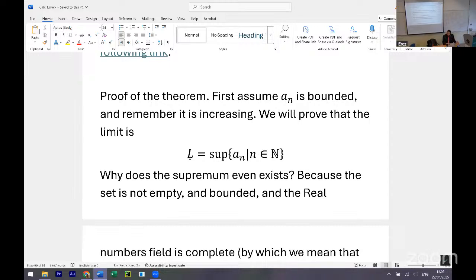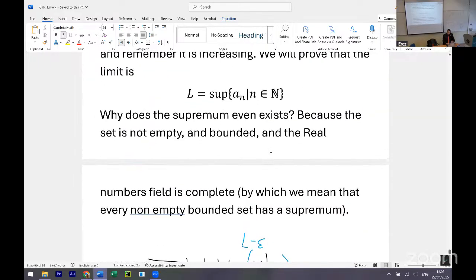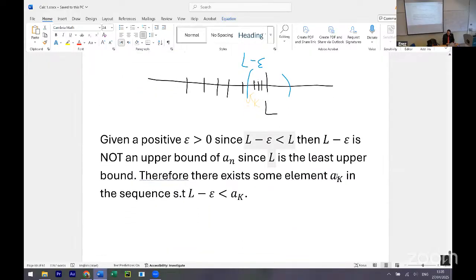I'm taking the supremum, I'm taking an area around the supremum, and I say the entirety of the sequence other than a finite amount of numbers is inside the area. That is literally what I'm doing, right? L is the supremum, that's important to remember. And that's what we're using here, because L is the least upper bound.